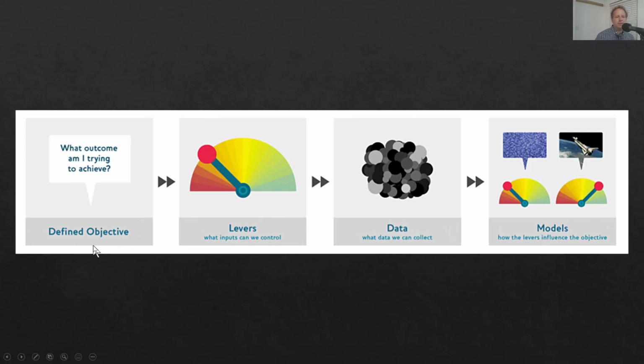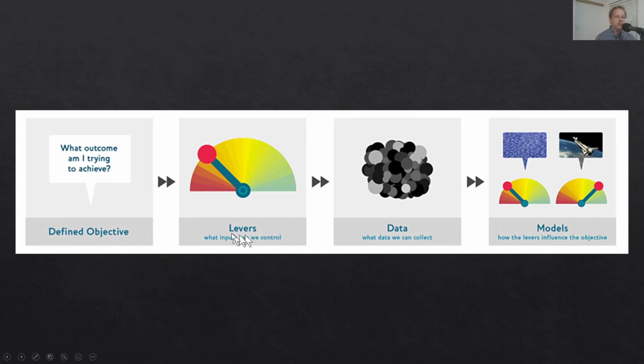For the insurance example, the objective for an insurance company would be, how do I maximize my, let's say, 5-year profit? And then what inputs can we control? Which I call levers. So in this case, it would be what price can I set? And then data is data which can tell you, as you change your levers, how that changes your objective.